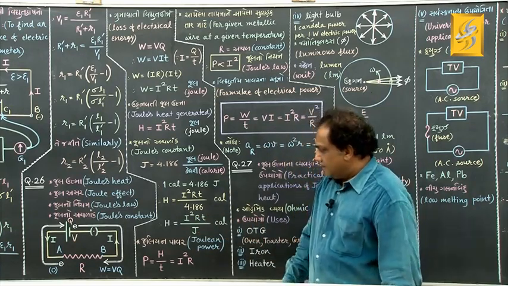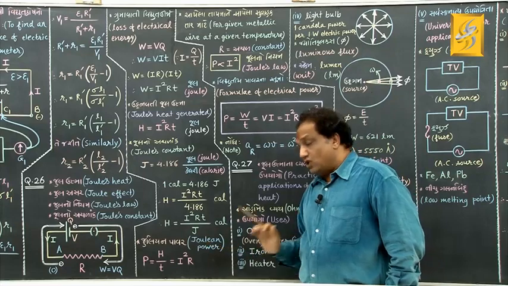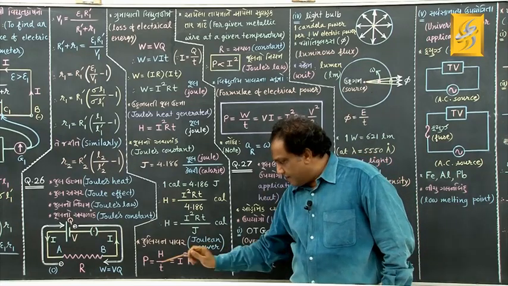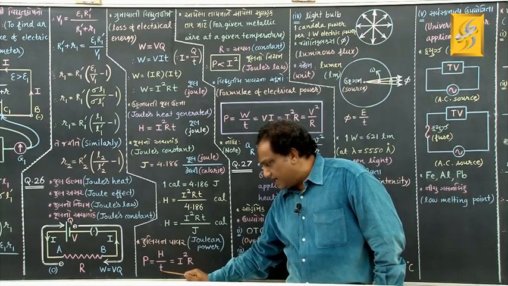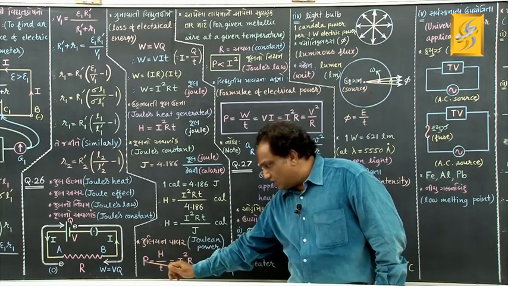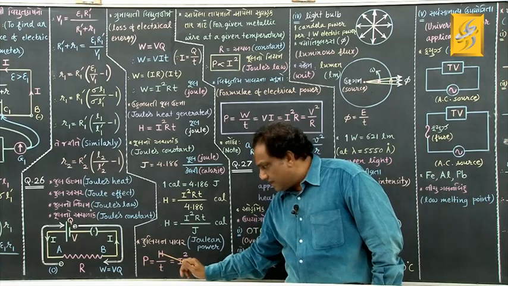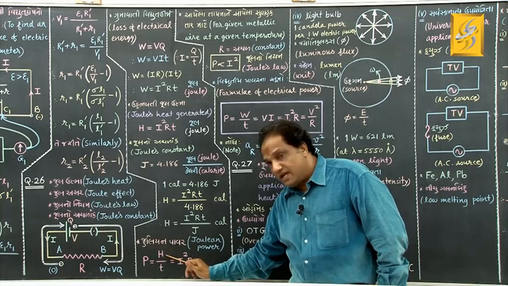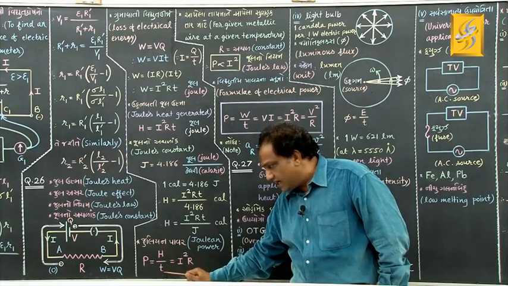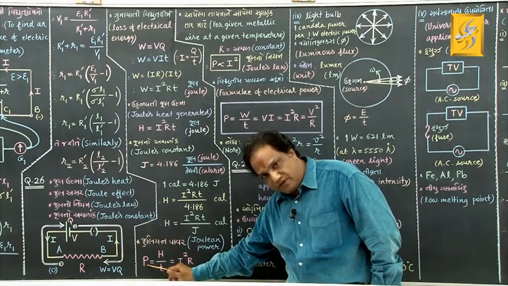Fine. Now, let us go for what is called Joulean power. Generally, power is defined as energy per unit time, correct? But because you want to define Joulean power, let this be Joulean heat. Okay? Joulean heat generated per unit time is called Joulean power. Simple.